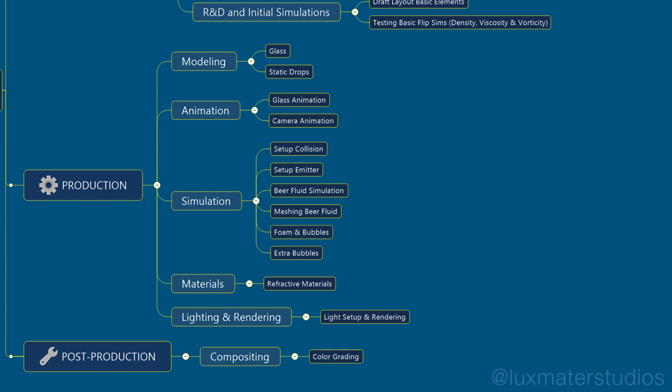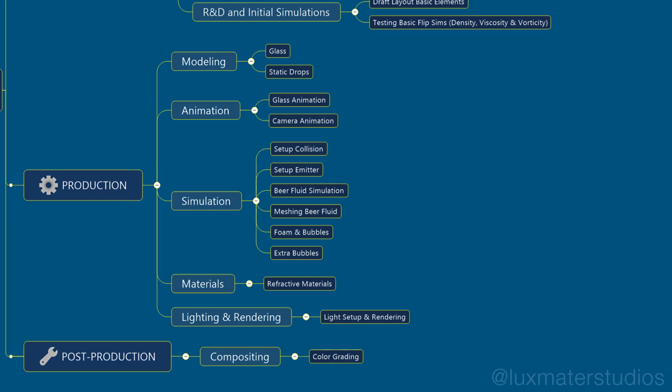Bubbles will be less transparent and rough, while the foam will be much less transparent, rougher, and white in color. For the lighting, a couple of area lights will be enough, and also an HDRI light to get some reflections on the glass and liquid. As stated before, materials, lighting, and rendering won't be covered in this walkthrough.